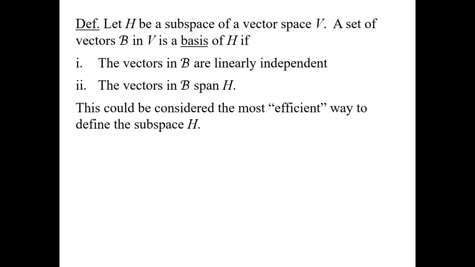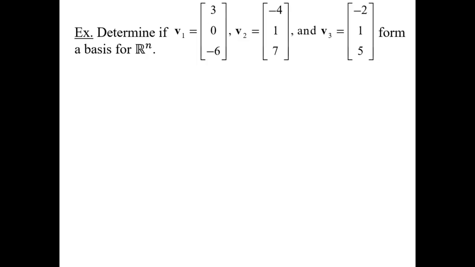So let's play around with that a little bit. We have these three vectors, v1, v2, and v3, and we want to know if they form a basis for Rn. I'm thinking that this should actually be R3, because they're all entries in R3.